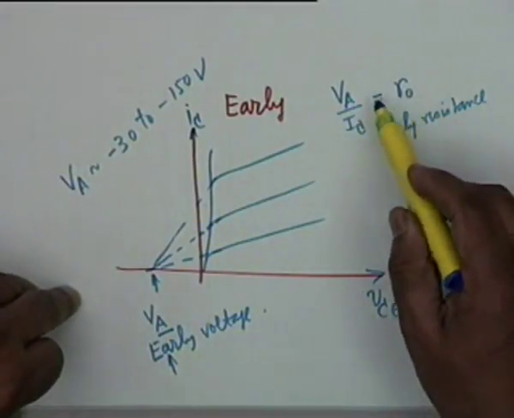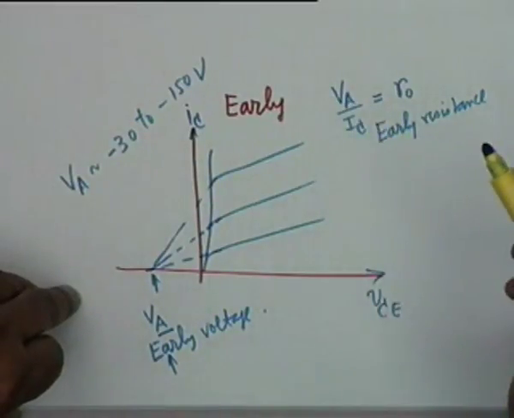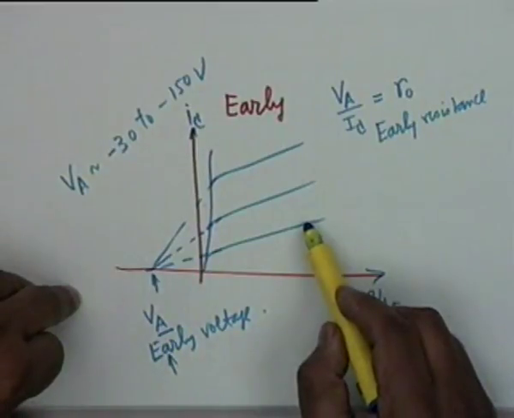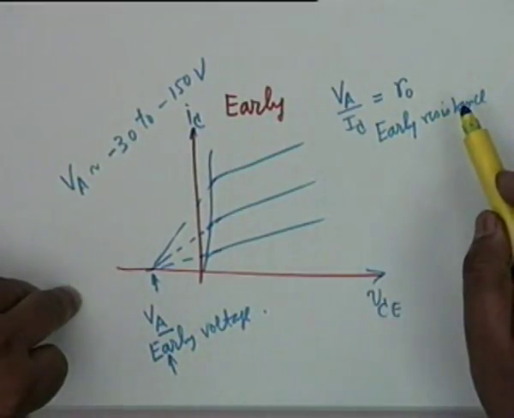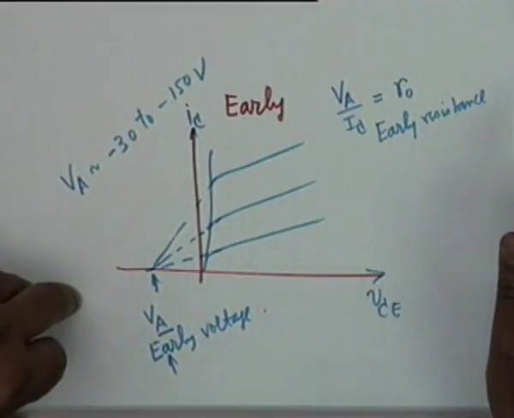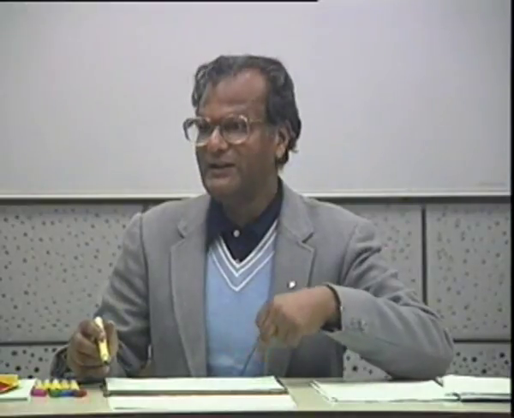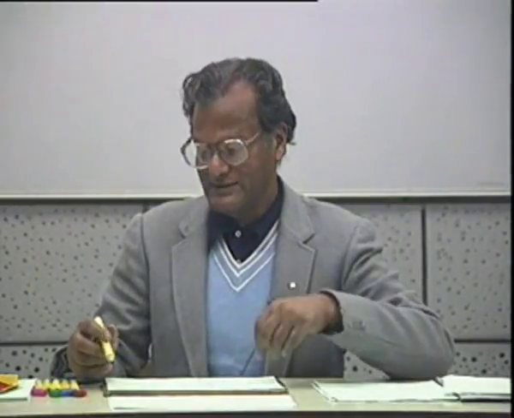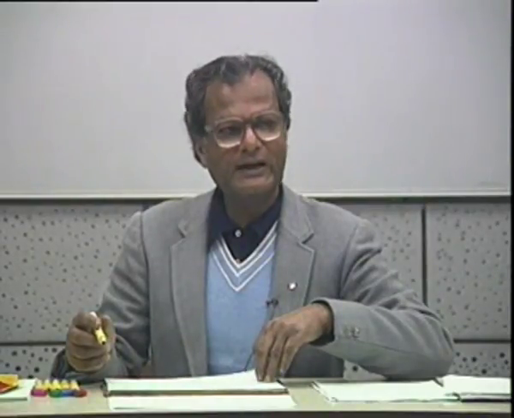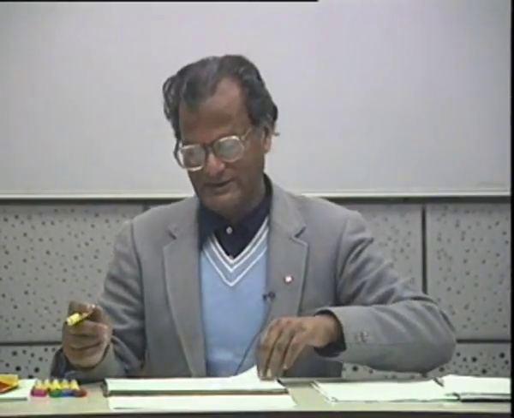It is not only the ratio of VA to IC, but it is also the slope of this line. The slope of this line is R0. Is that clear? The reciprocal of this slope. Don't agree with me on all counts. It's dVCE over dIC. So this resistance would be useful in the AC modeling of the transistor.